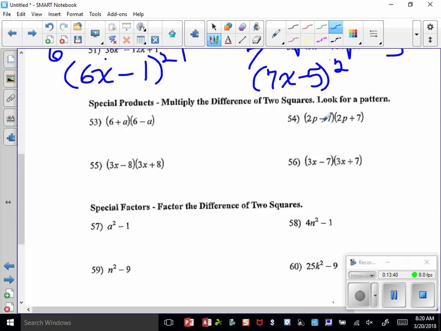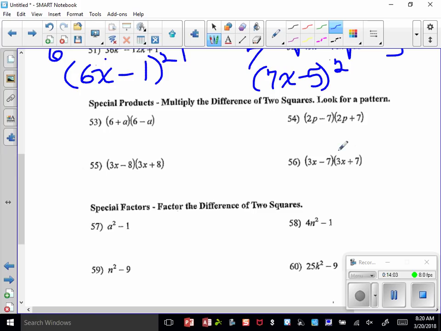So what you notice or should notice is that they're the same binomials, except one's a plus and one's a minus. Same numbers though. 3x minus 7, 3x plus 7. 3x minus 8, 3x plus 8. 6 plus a, 6 minus a.